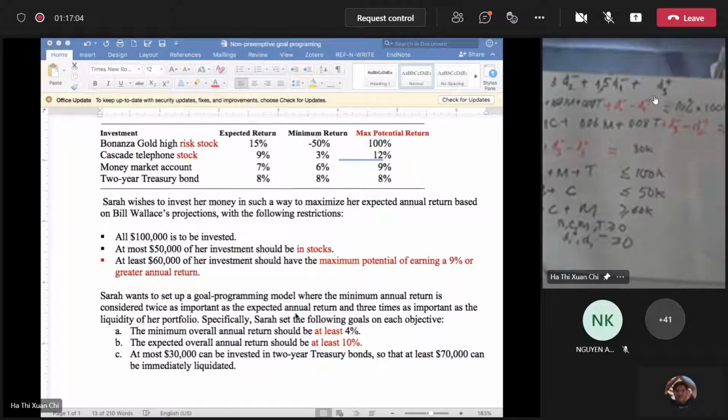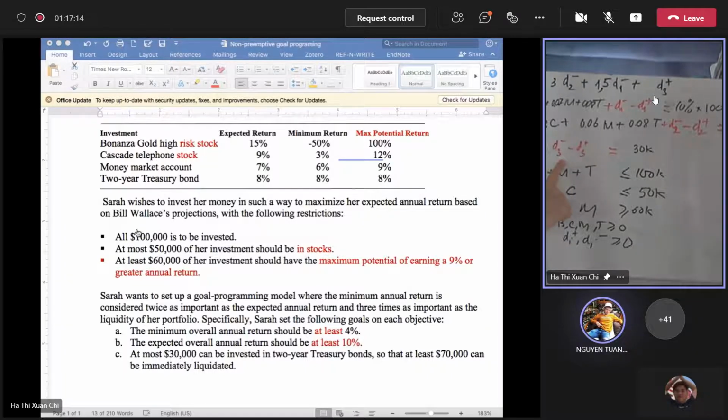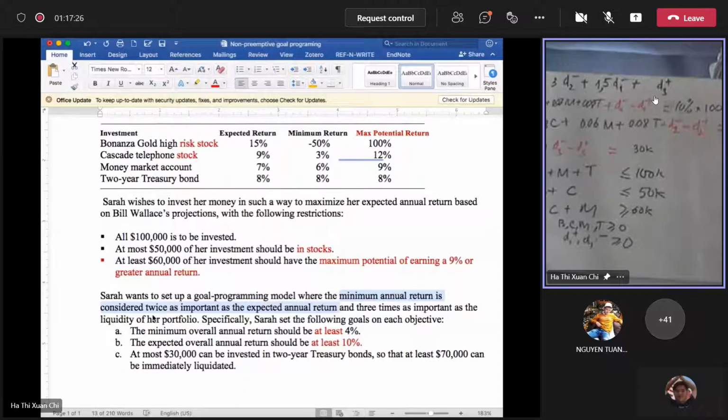I want to ask you about constraint E plus. Let's say, is it equal 100? Yes, let's denote equal. So it means the total money they invest is 100,000, so it cannot go over that number.